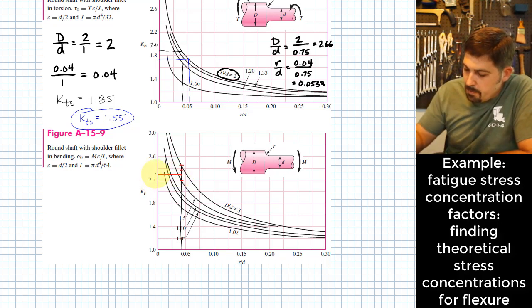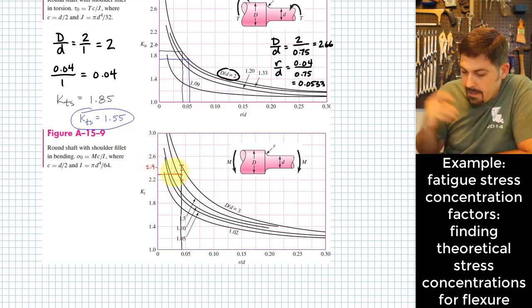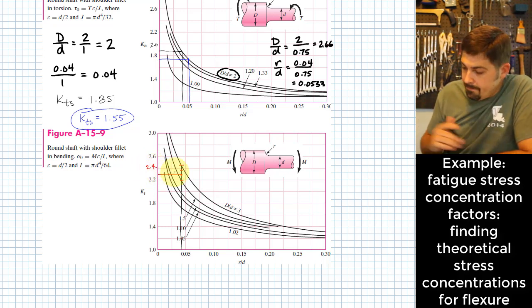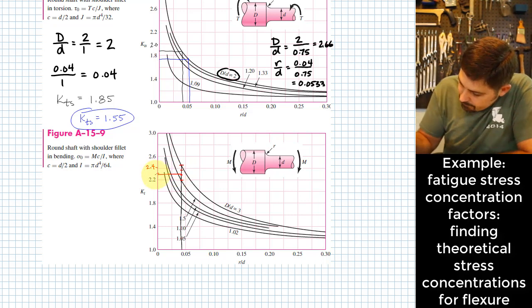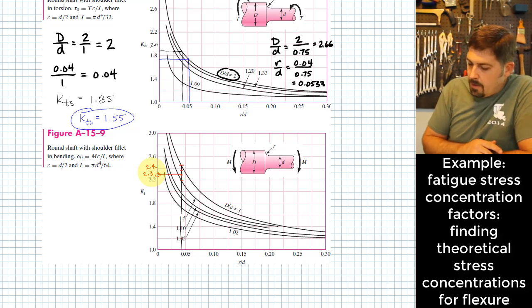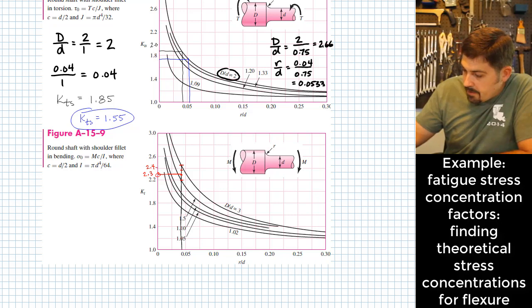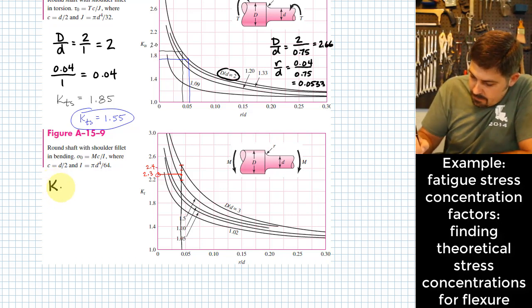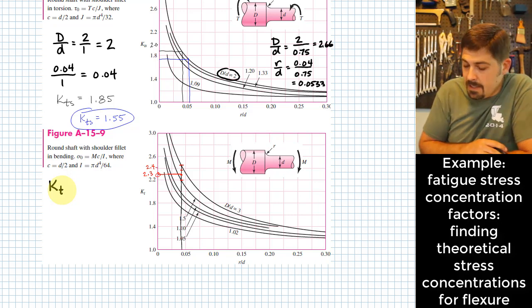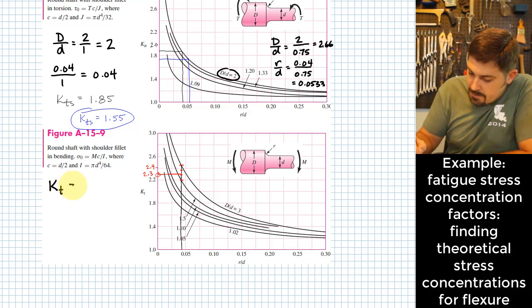Okay, this would be 2.2. Right here would be 2.4. And so I'm going to call that right about 2.3. All right, and once I know that that's 2.3, I'll say that that's our K sub T. This is going to be equal to 2.3, and this is for the 1-inch side.